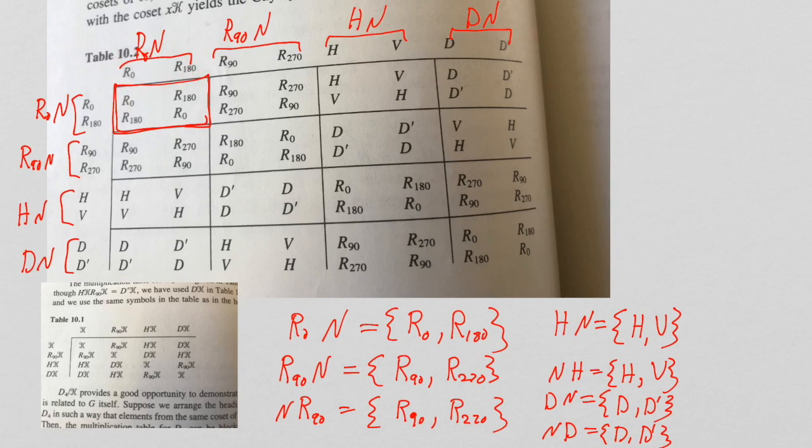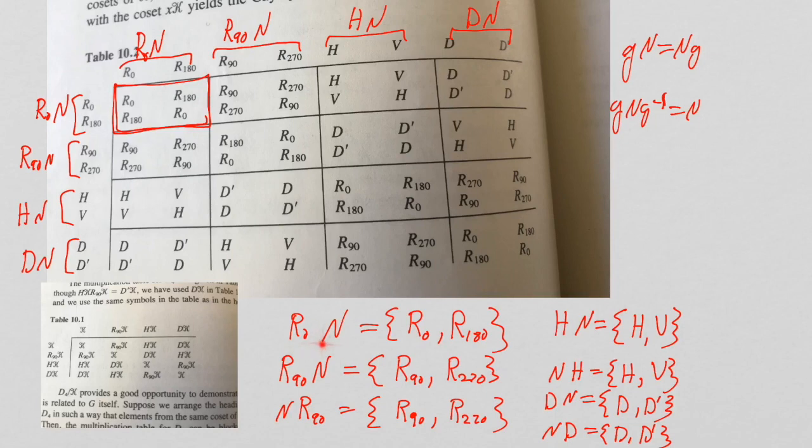R0, R180 is a two-element subgroup, but unlike RH or RV, it actually has the property that we're looking for, which is that gN equals Ng, or alternatively gNg inverse equals N, where N is understood to be the whole set. So I've checked it, right?